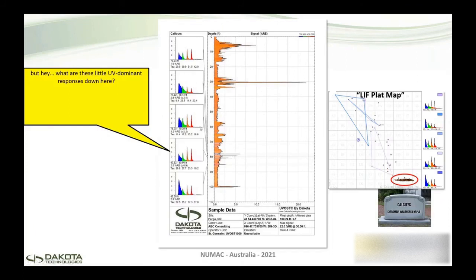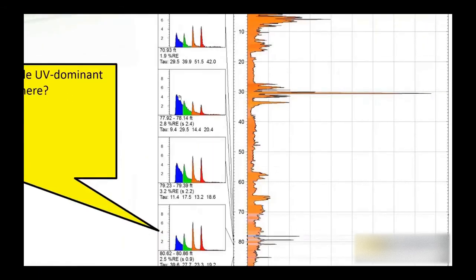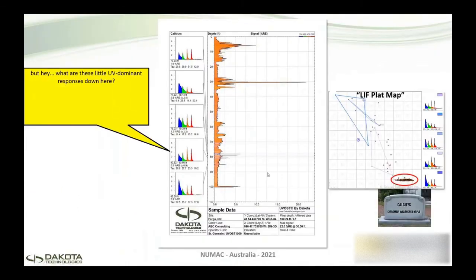And you can see that it's actually a hybrid waveform. It's got the long lifetime and UV dominance of the kerosene, and there's not a lot because it's quite weathered, but that's superimposed on top of the calcite waveform, or whatever mineral it is that's fluorescing.